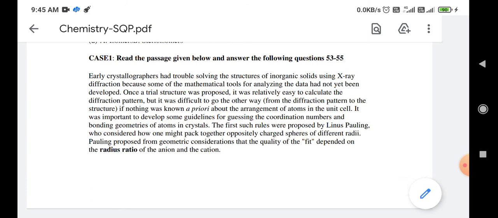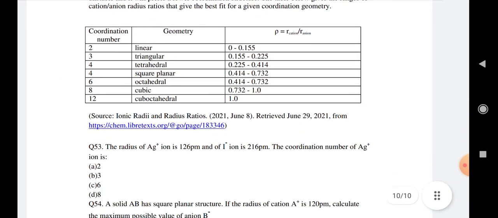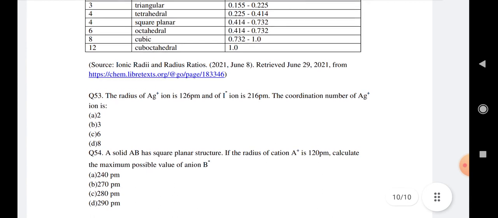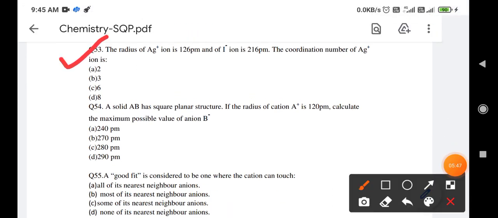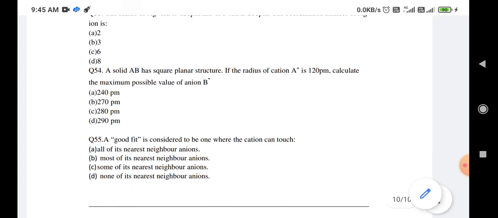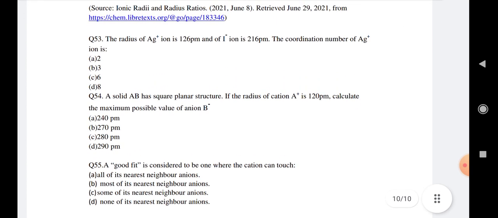So there is a passage, and depending on this passage there are a few questions, and you have to answer these questions after reading the passage. That will be more or less the total marking system for the term 1 examination.